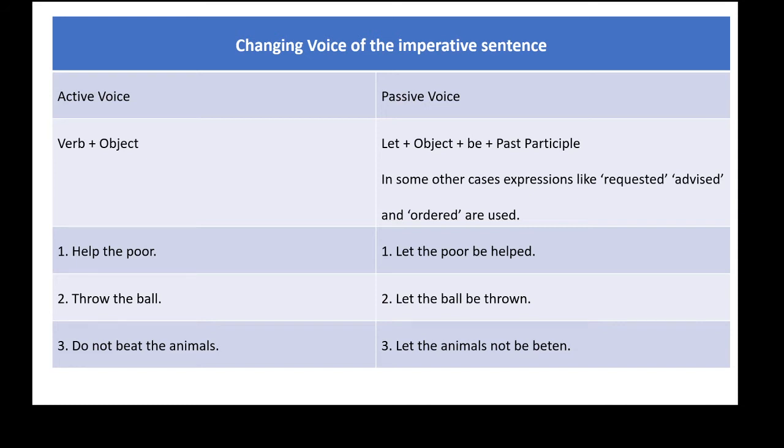Help is main verb and the poor is an object. In the second sentence, throw the ball. Throw is main verb and the ball is an object. In the third sentence, do not beat the animals. Do not beat is verb and the animals is an object.